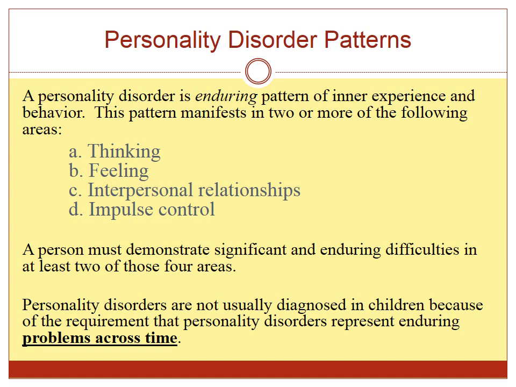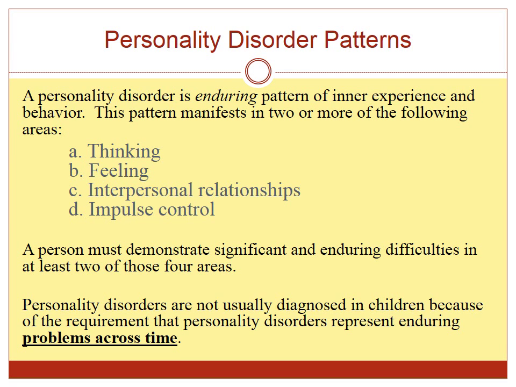There are some patterns that you would identify with a personality disorder. Again, it is an enduring pattern of inner experience and behavior. This pattern manifests in 2 or more of the following areas: thinking, feeling, interpersonal relationships, and impulse control. A person must demonstrate significant and enduring difficulties in at least two of these four areas.